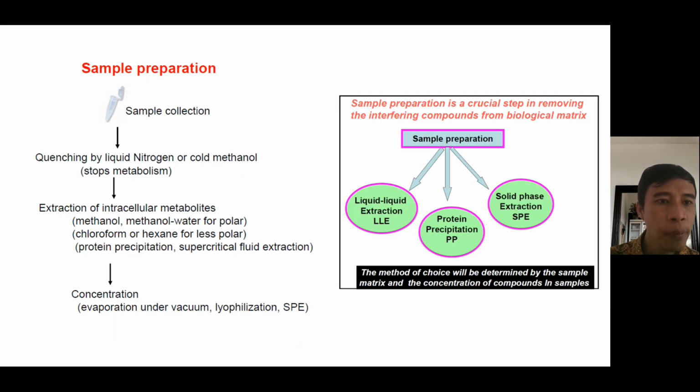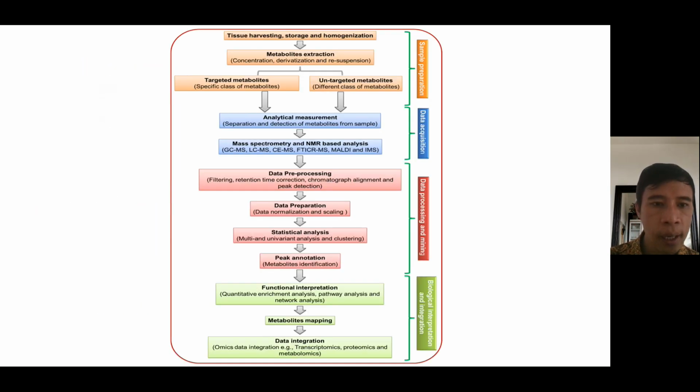This is similar for the sample preparations, and this is also for data processing. So remember, I jumped to this next step: in data processing you actually need several steps. You need to deploy data pre-processing.